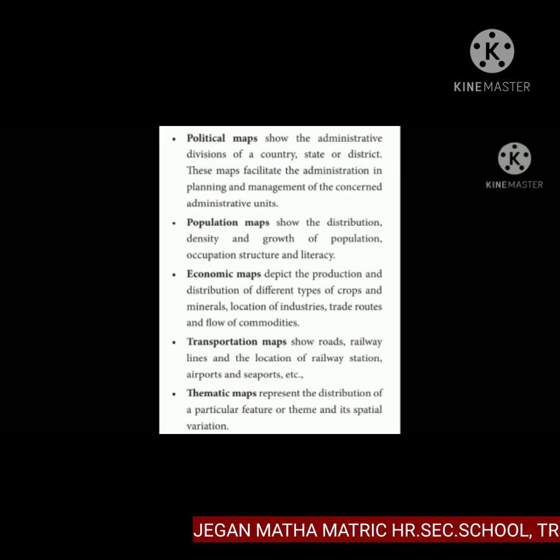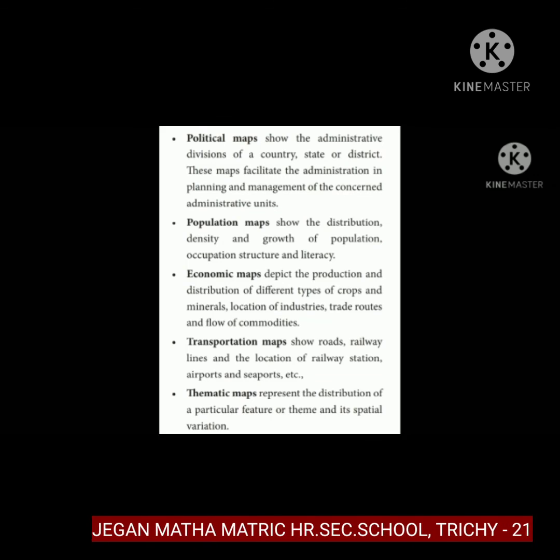Economic maps depict the production and distribution of different types of crops and minerals, location of industries, trade routes, and flow of commodities.